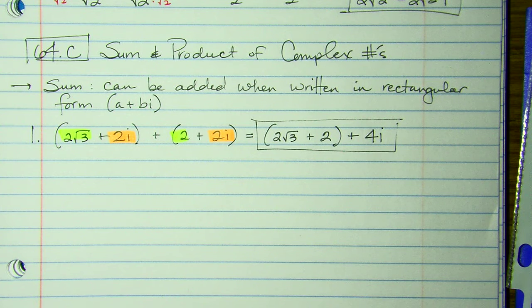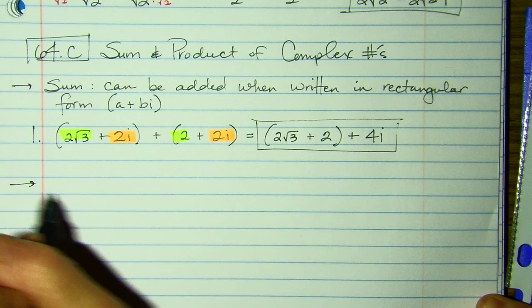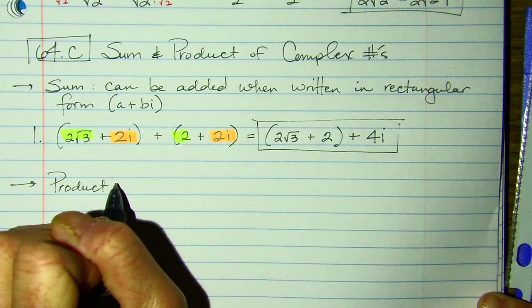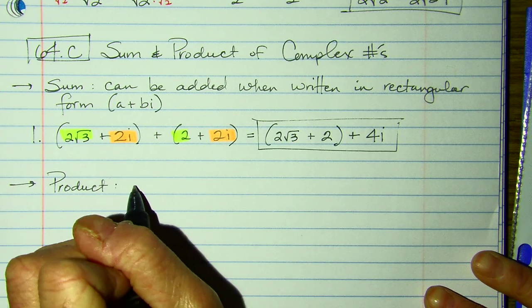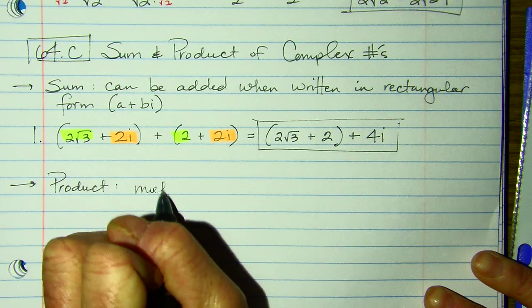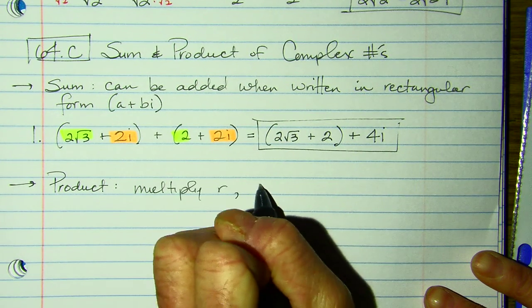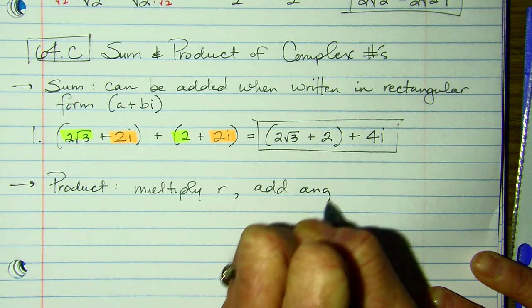So the sum is really, really simple. Now, the product is the following. When I find the product, you are going to multiply r, but you are going to add the angles.